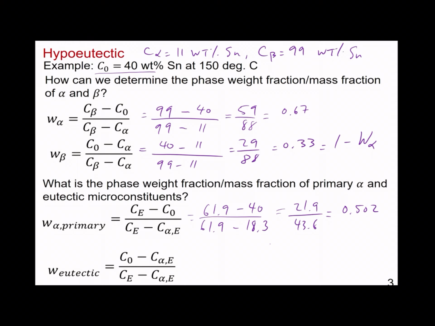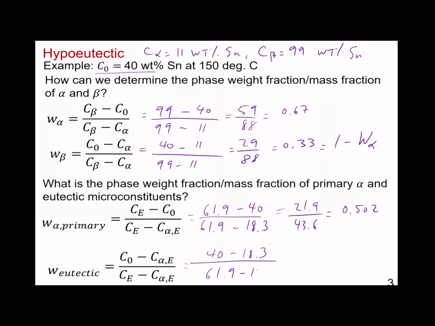Now all of that liquid is going to come out as two eutectics, okay? So all that liquid, the W eutectic should come out to be 1 minus W alpha primary. So let's see if that actually works. We have 40 for C naught minus C alpha at eutectic, which is 18.3.